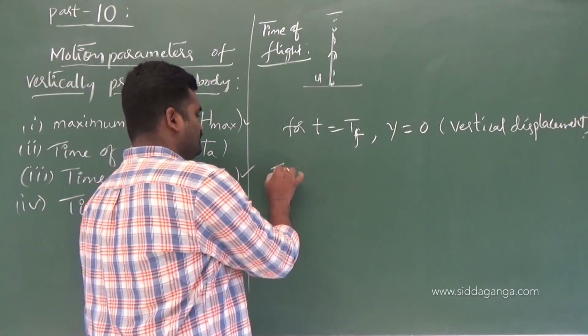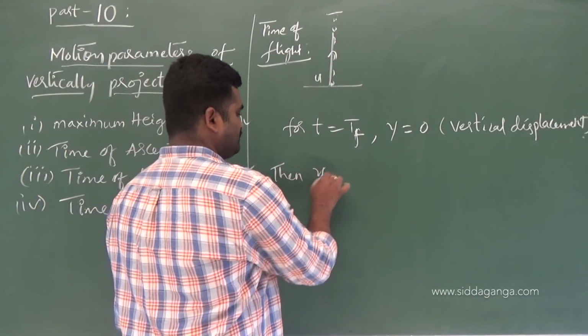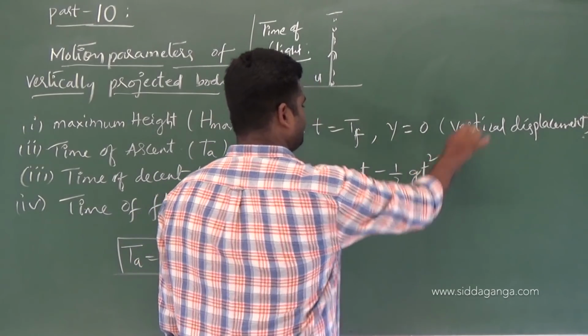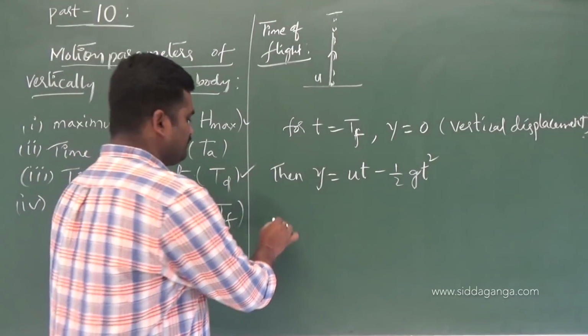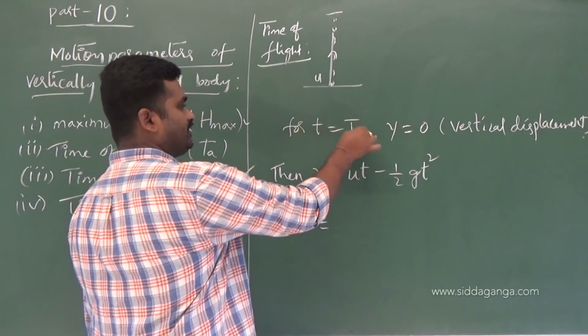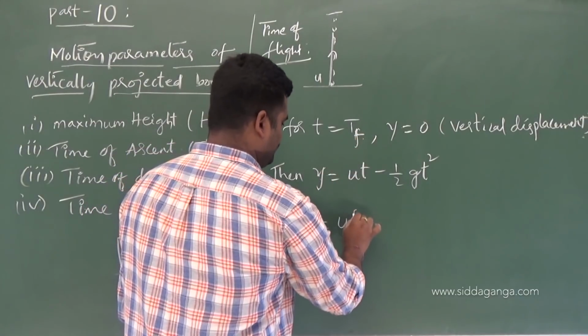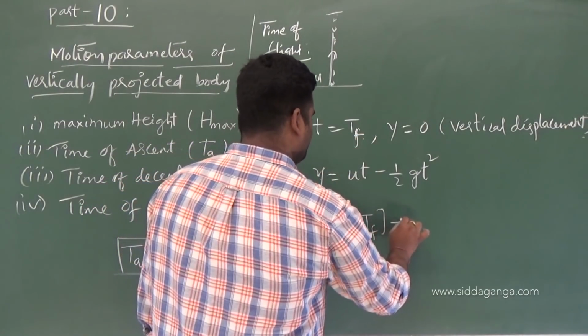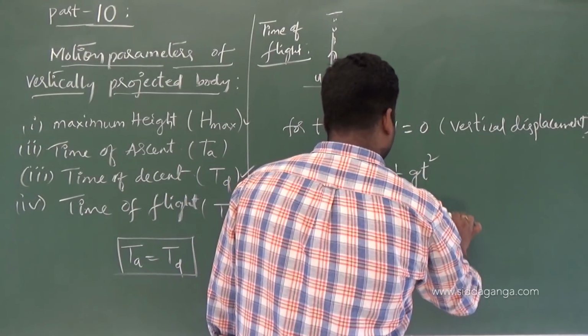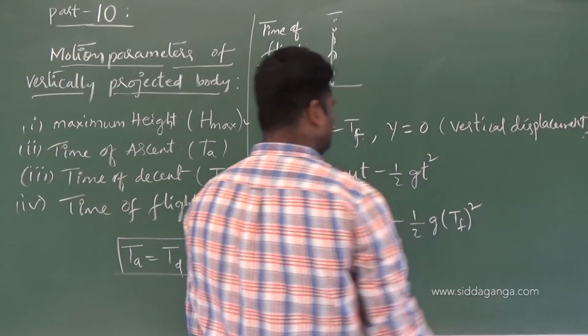Then the equation for vertical displacement is y equals ut minus half gt square, a relation you are aware of. Substituting 0 for y, and the value of t becomes time of flight: 0 equals u into time of flight minus half into g into time of flight square.